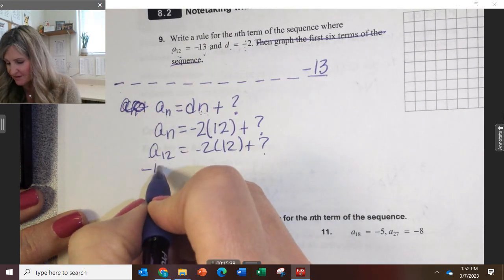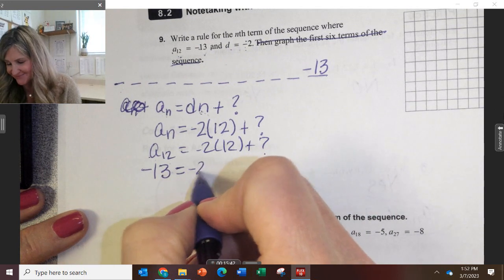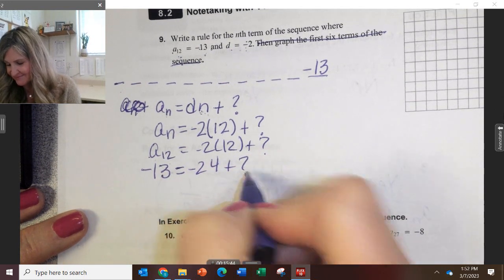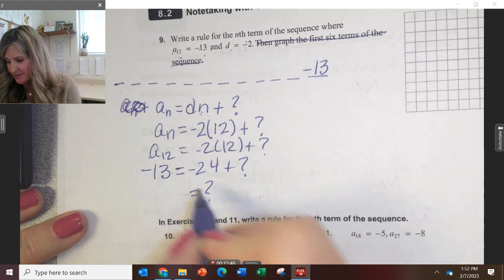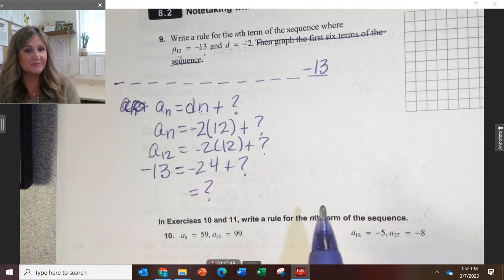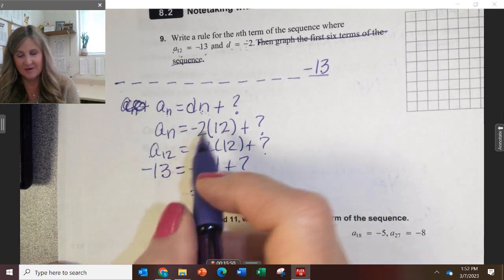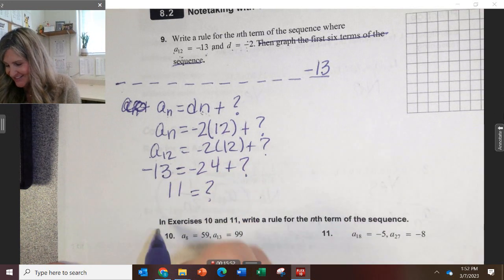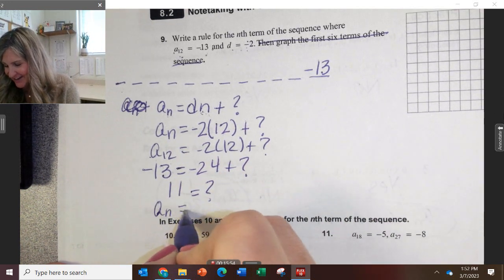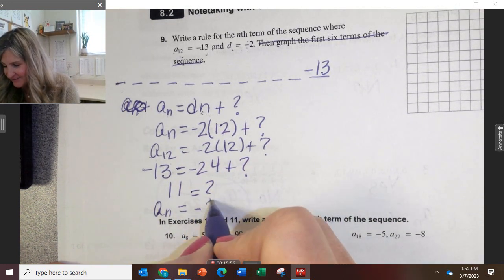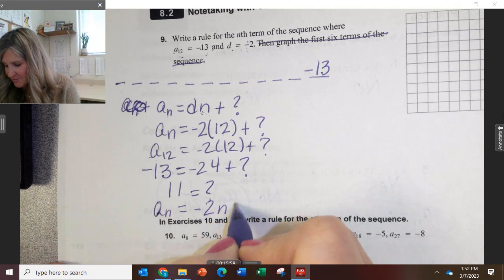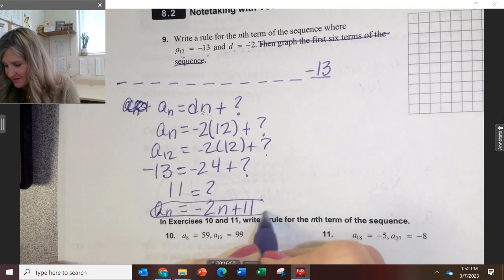Negative 13. So what's the question mark going to be then? How about 11? So we get a sub n equals negative 2n plus 11.